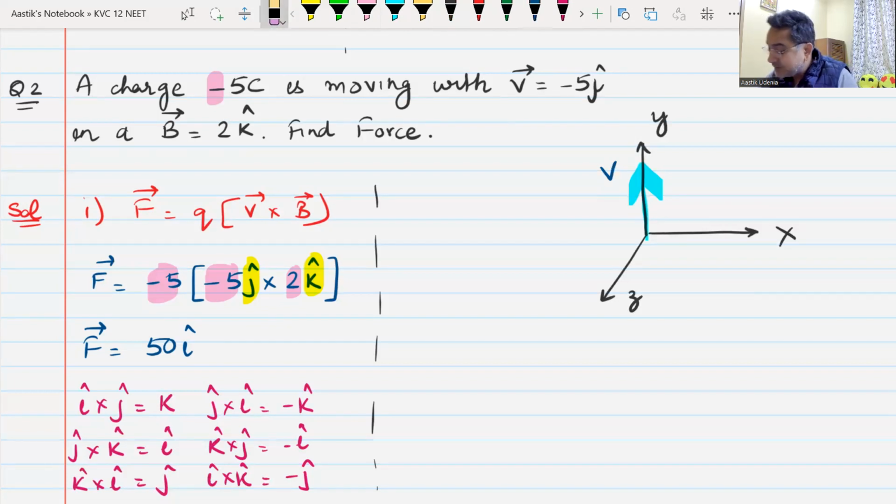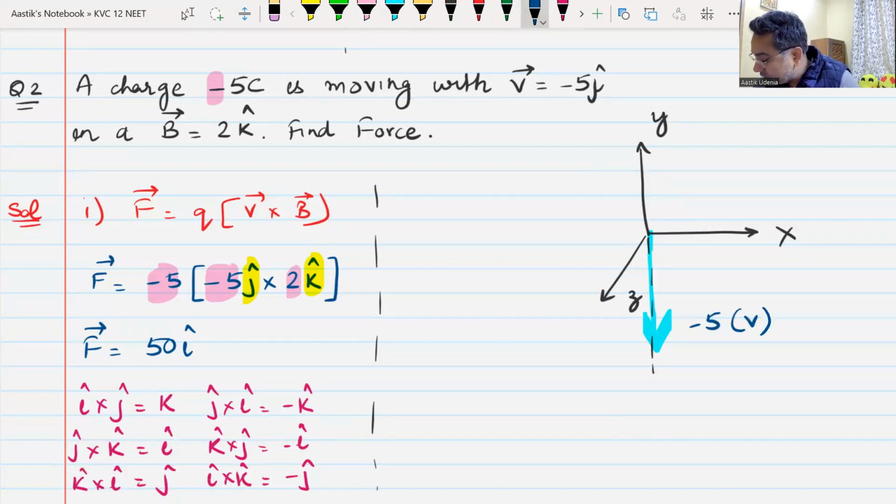Oh, sorry, I'm drawing it in the upward direction. So let me do it again. Your velocity is in the downward direction, minus 5. This is your velocity.